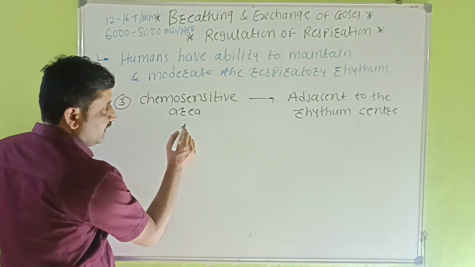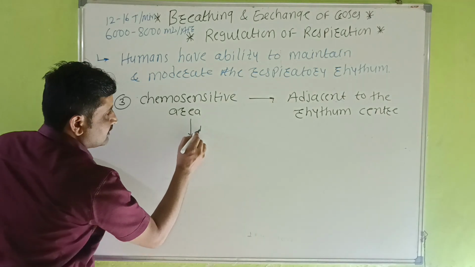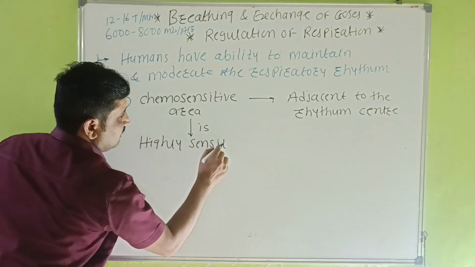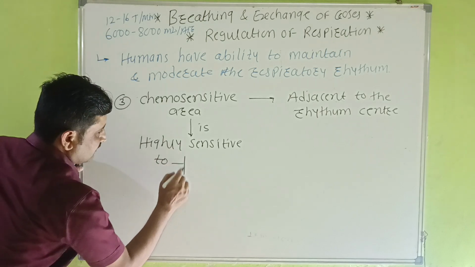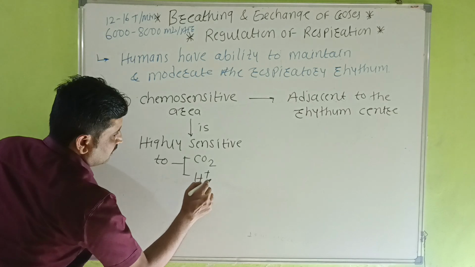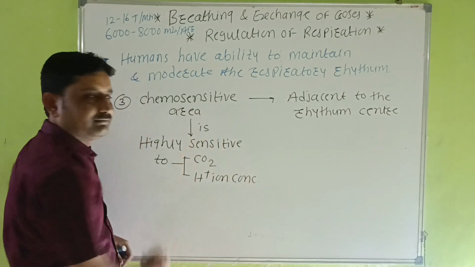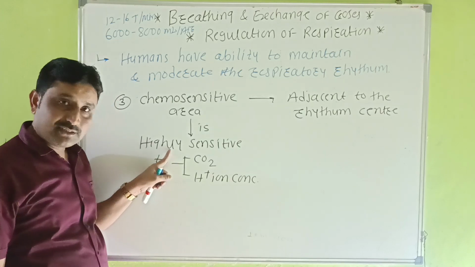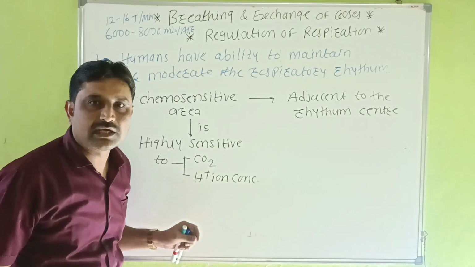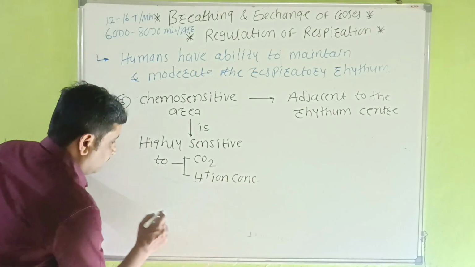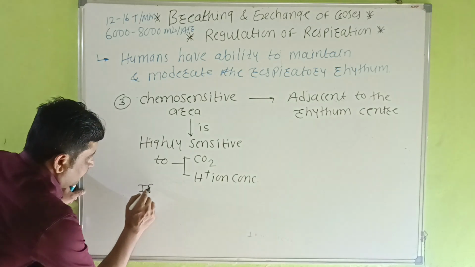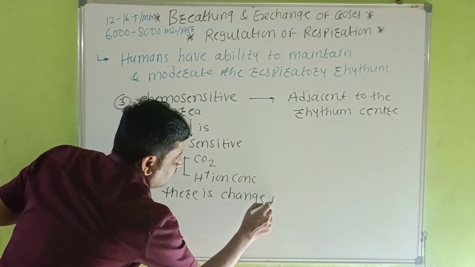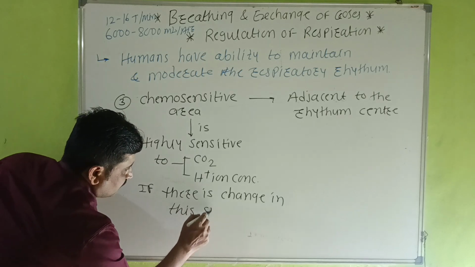And this chemosensitive area, which is adjacent to the rhythm center, कैसा है? Is highly sensitive, highly sensitive to first CO2 and hydrogen ion concentration. कैसा है? कीमोसेंसिटिव एरिया है, कहाँ है? Adjacent to the rhythm center. That center is highly sensitive to the CO2 and hydrogen ion concentration. It means if there is a change, अगर कोई change है, there is a change in these substances. कौन से?